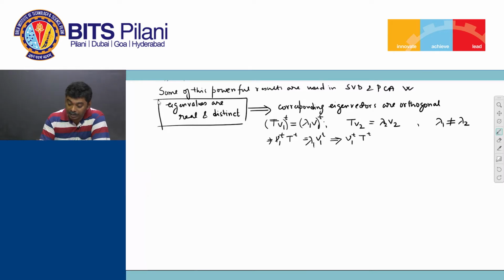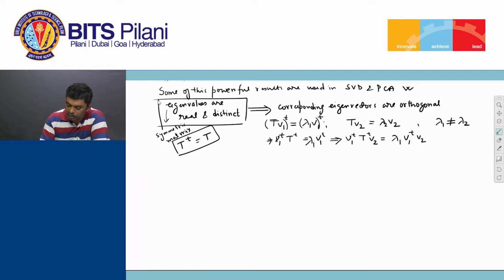When we are talking about these eigenvalues, we assume that they come from a symmetric matrix. So this implies that when you take the transpose of the matrix, nothing changes. Now I'll multiply on the right by v2, the other eigenvector.